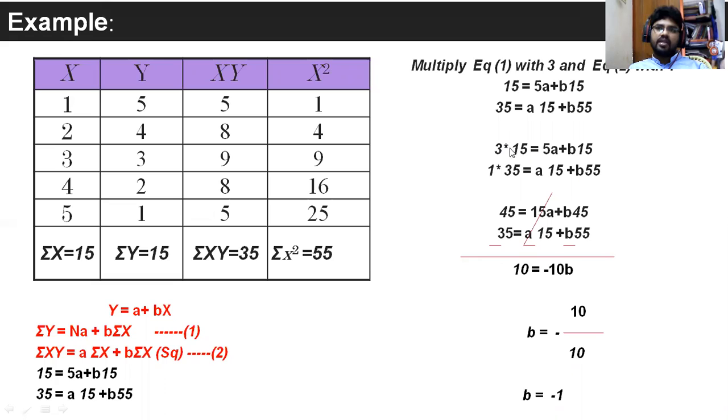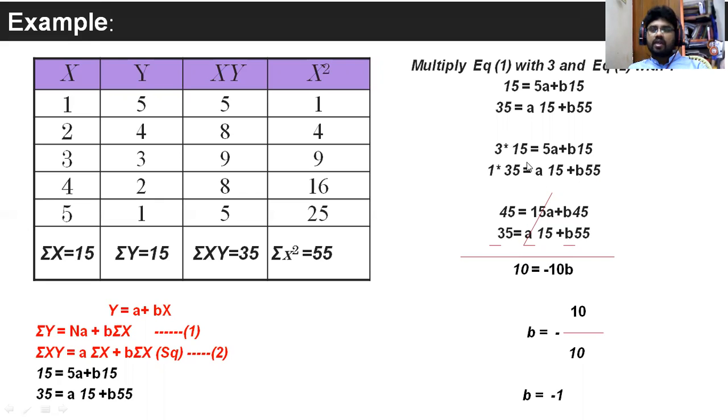After writing that, 3 into 15, how much? 45 is equal to 3 into 5a, 3 into 5, 15, 3 into a, 15a, plus 3 into 15, 45b or b 45. Then 1 into 35, 1 into 15a, 15a, 1 into 55b, 1 into 55.